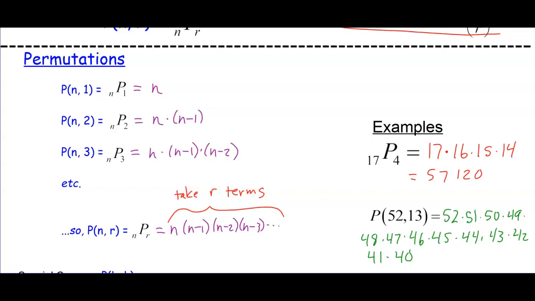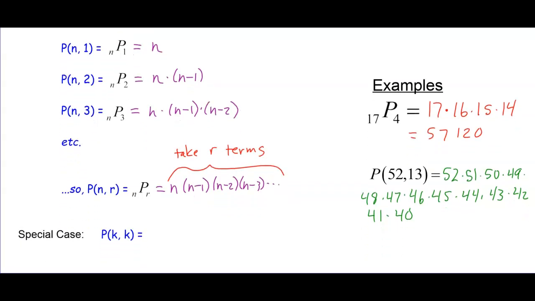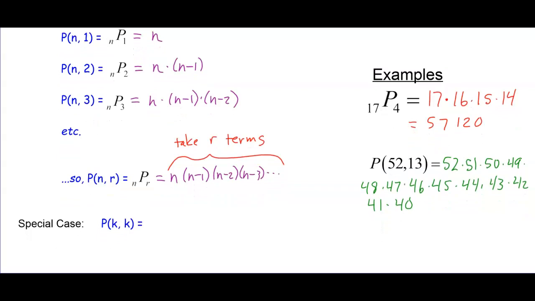In order to make this formula better, first let's pause and talk about a special case when you've got a situation where you take everything in the list. So if you had 8 people and you were picking all 8, or you have 52 cards and you pick all 52 of them.